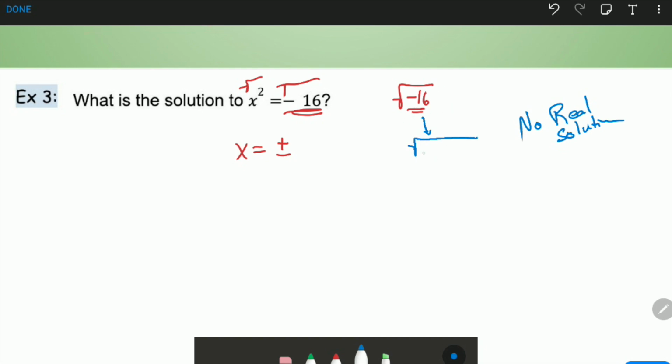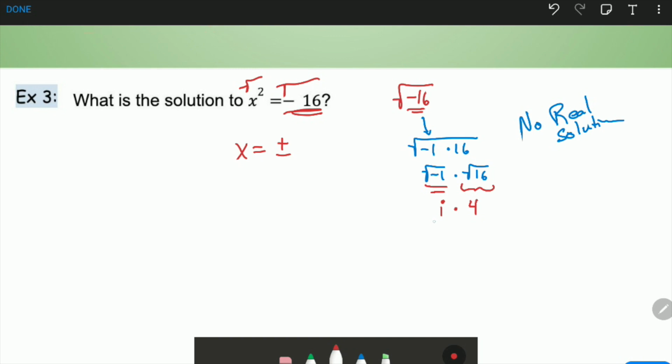So with the -16, we will separate it into -1 times 16. Then radical properties allow us to separate that into two separate radicals. And then the square root of -1 we refer to as i. It's imaginary. It doesn't actually exist, but we're going to refer to it as i. And the square root of 16 is 4.